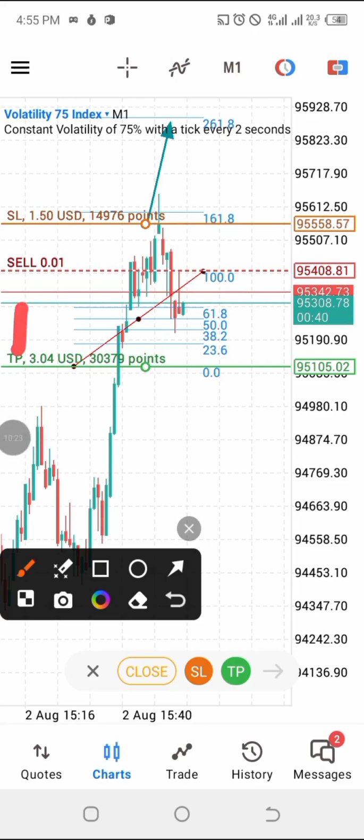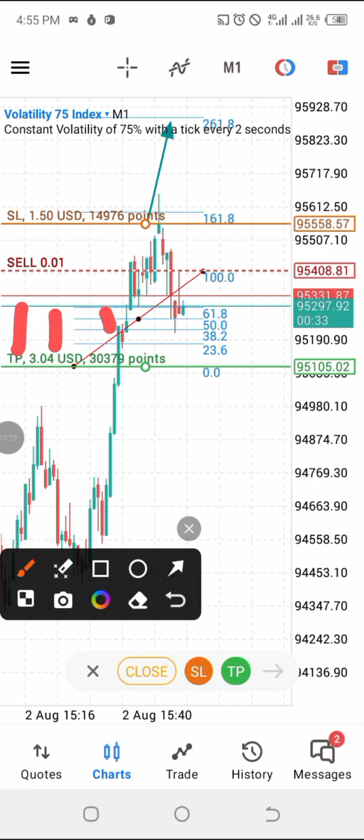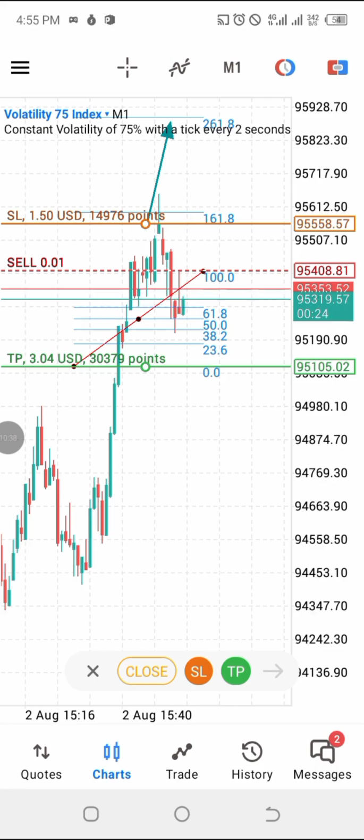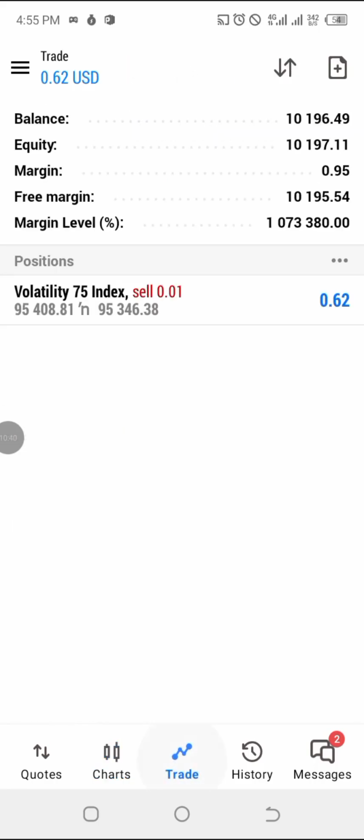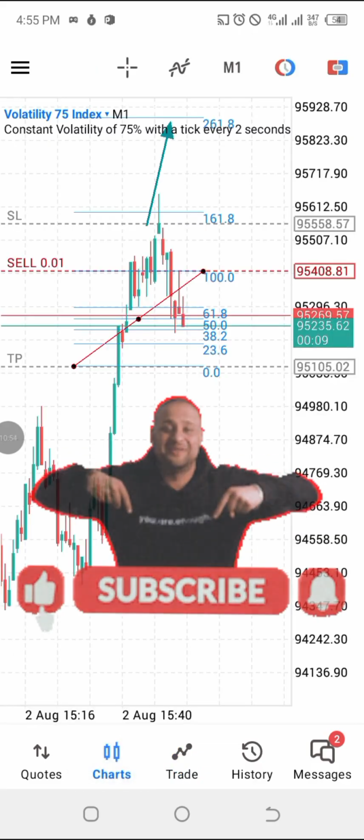If it goes in my favor, I'll get $3.05, which is 30,379 points. Spread is also added to it. So whenever this trade closes, either at SL or TP, if it closes at stop loss, I will lose $1.50. If it closes at TP, I will gain $3. So that's just it. I'll still do another video on how to calculate for a long position.